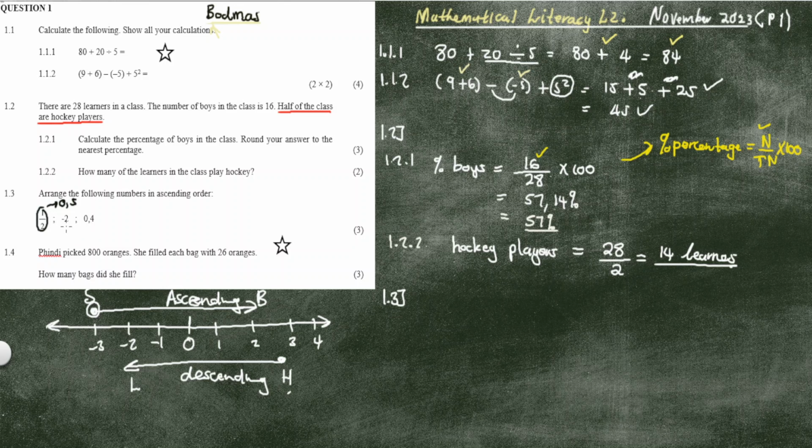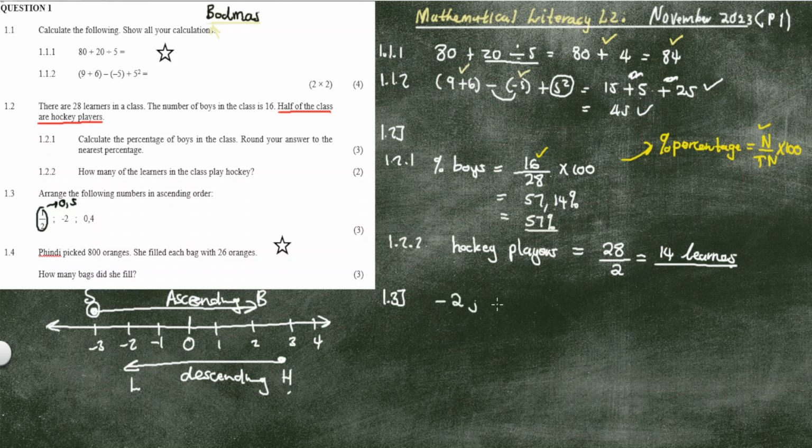Now, between a negative 2, a 0.5, and a 0.4, which one is the smallest out of the three? I think it's obvious that the minus 2 is the smallest value. So we're going to start with the minus 2. And then the next value that is the smallest, between a 0.5 and a 0.4, which one is the smallest?